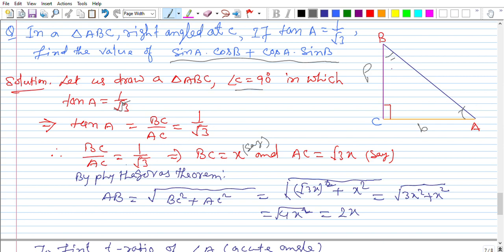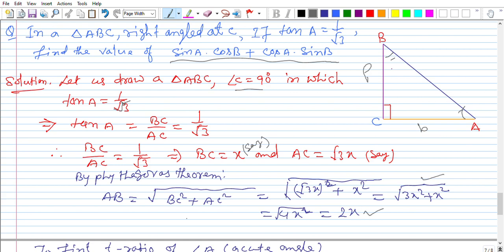By applying the Pythagoras theorem, AB equal to the square root of BC square plus AC square, and we have root 3x for AC and x for BC. Then after calculating, we get the square root of 4x square equal to 2x.